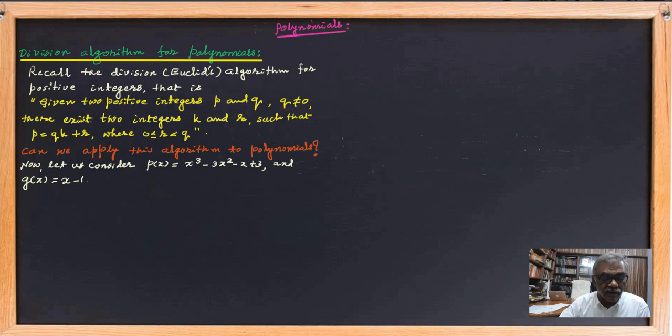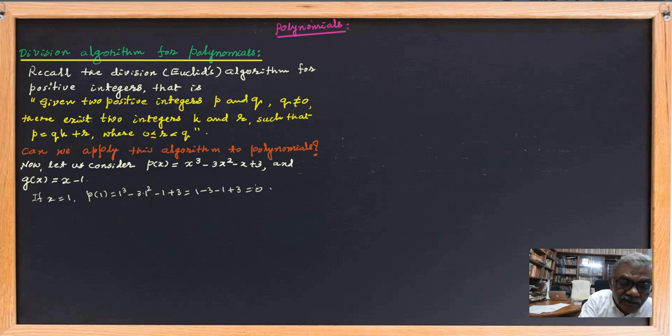Now let us see, if x is equal to 1, then p(1) is equal to 1 cube minus 3 into 1 square minus 1 plus 3, that is 1 minus 3 minus 1 plus 3, that is equal to 0.